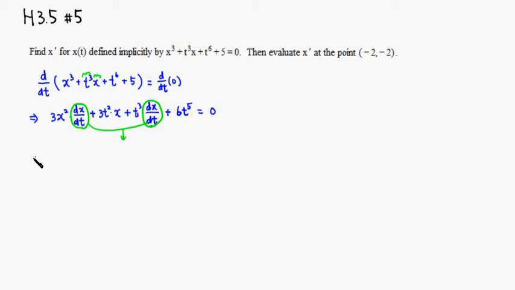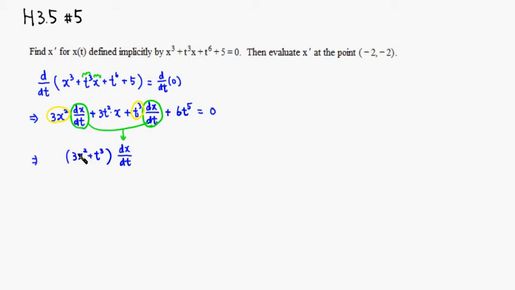So we have dx over dt times (3x squared plus t cubed).